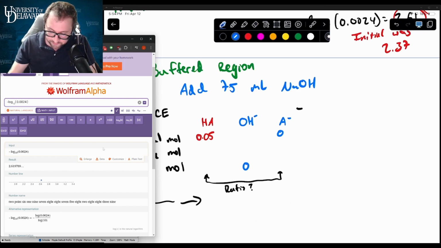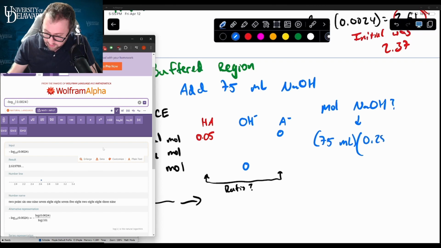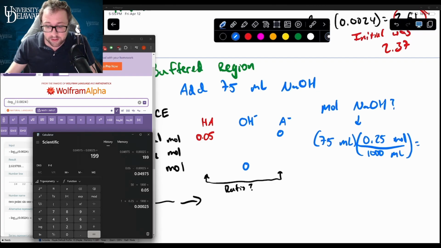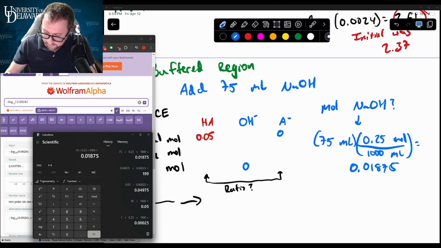So I want to know how many moles of NaOH that is. We have 75 milliliters times 0.25 moles per 1,000 milliliters, which gives us 0.01875 moles of NaOH.